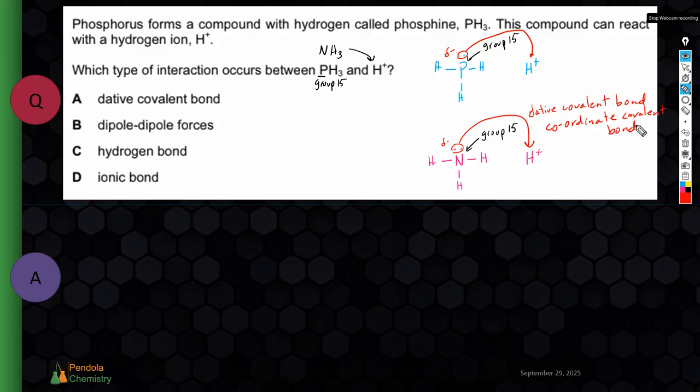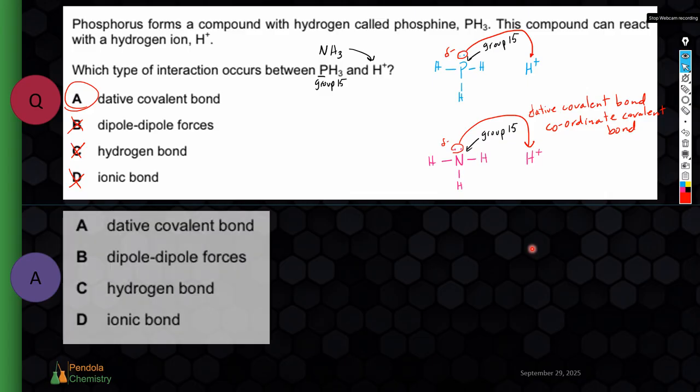Either or, they both mean the same thing. So when we look at our answer choices, is this a dipole-dipole force? No. Is this a hydrogen bond? No, because both of these are intermolecular forces. Is this an ionic bond? No, because we don't have two ions, because we have PH3, not a negative ion. So the answer is that we have a dative covalent bond.